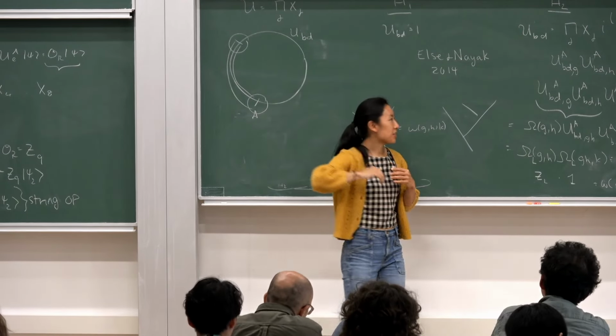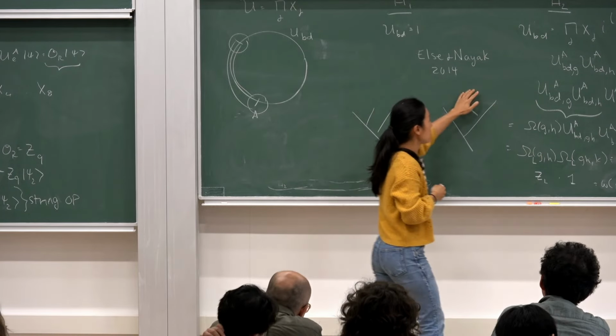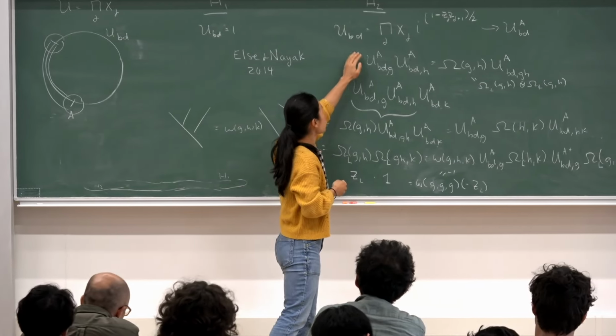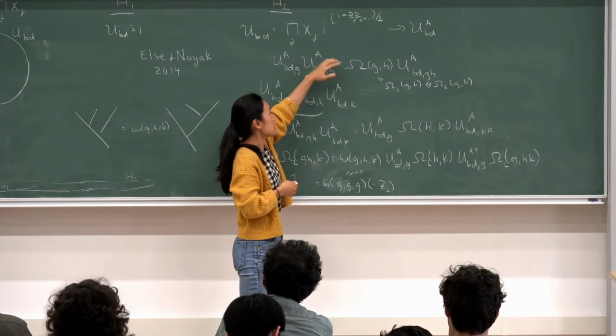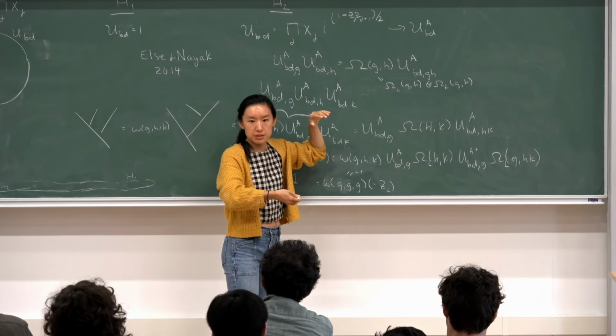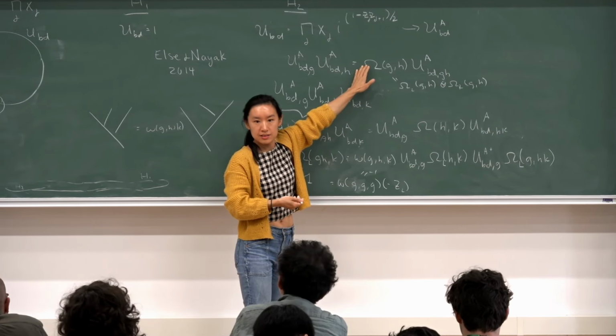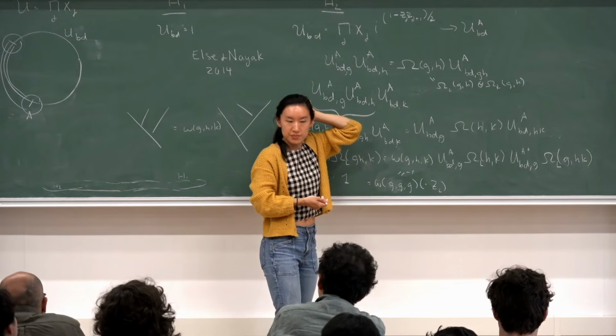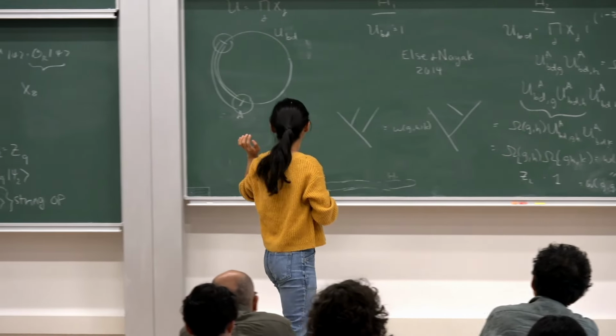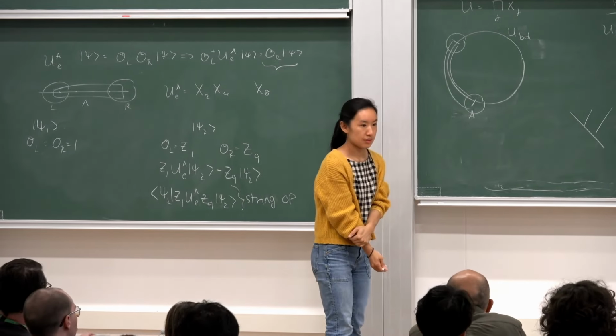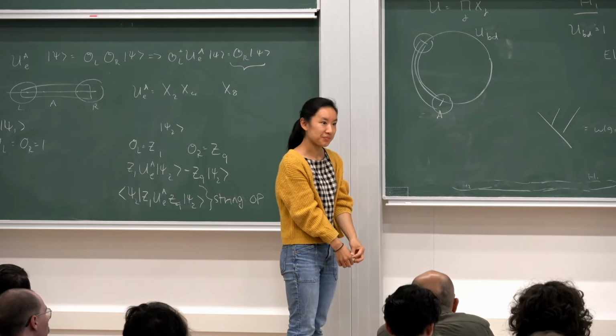And so if you do the same exercise in 2 plus 1D, you'll find that for this H2, your U boundary will look like an effective symmetry action in 1 plus 1D, and it looks like this. So it's a product over various operators just acting on states on the boundary, on sites on the boundary.